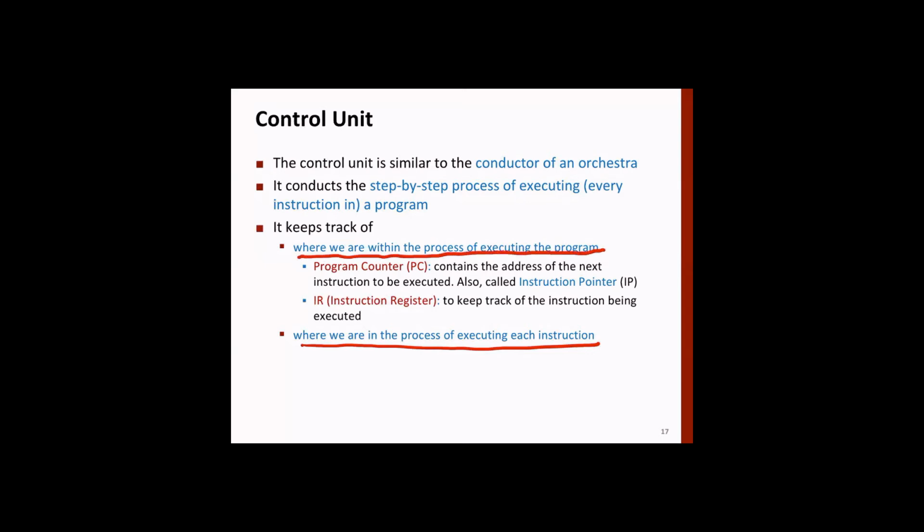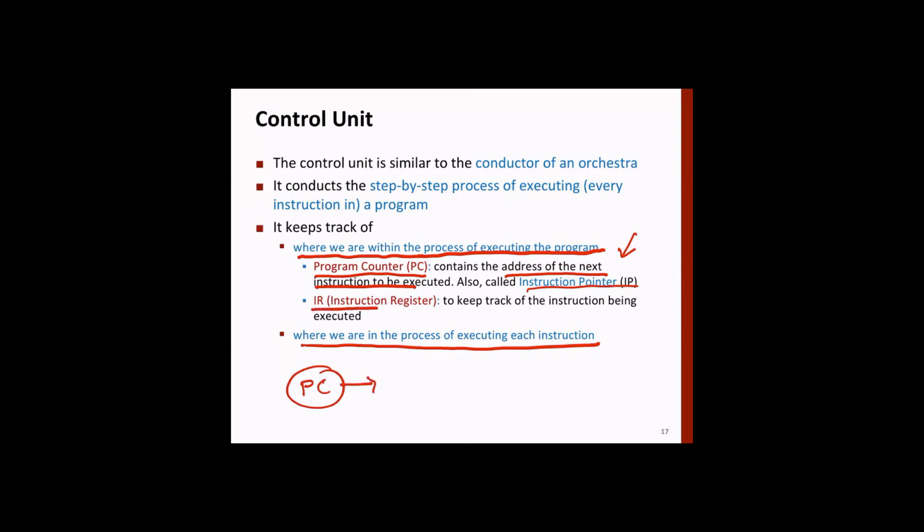In order to do that, there's a counter called the program counter, which we have already seen earlier, which contains the address of the next instruction to be executed. We also call it the instruction pointer, but we will use the term program counter, PC, which points to the next instruction to be executed.